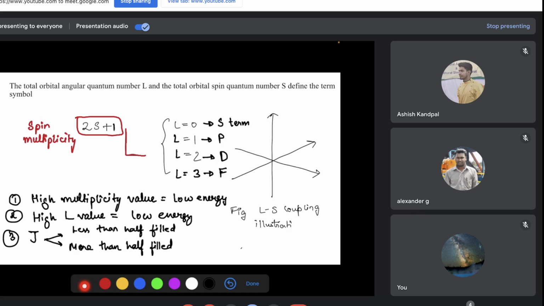So if it is less than half filled, then my J value will be low energy. And if my orbital is more than half filled, then it will be, okay, wait, I made a mistake here.